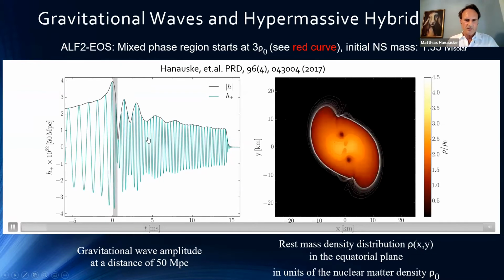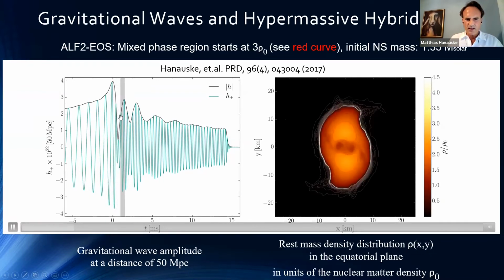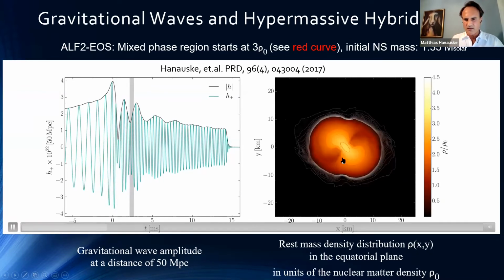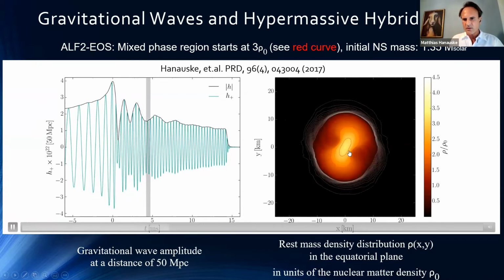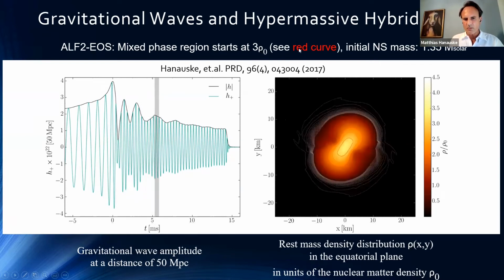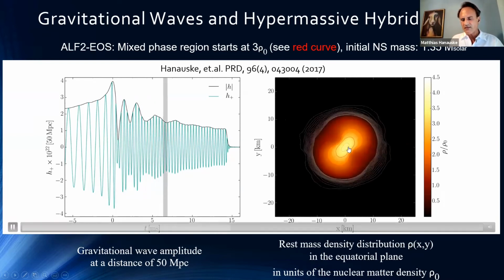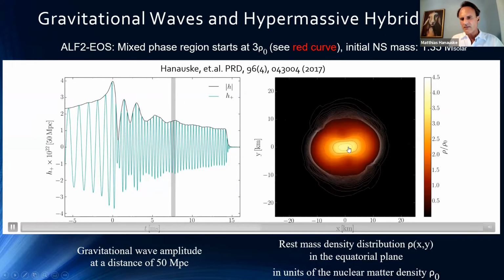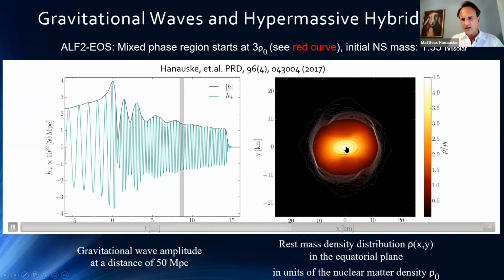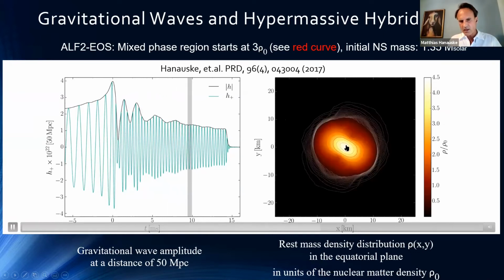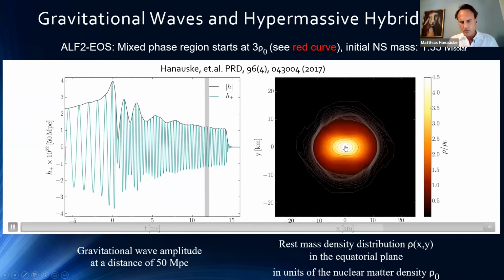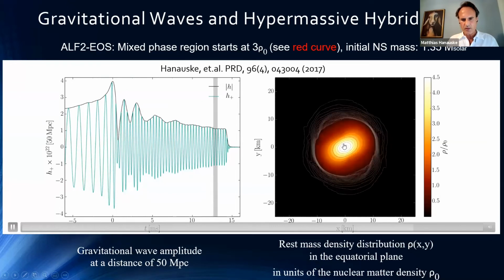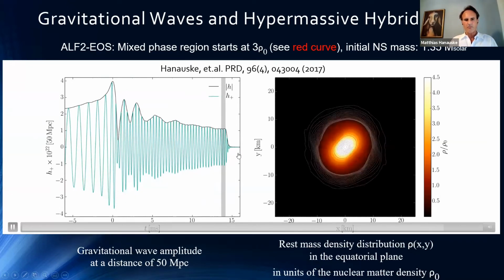I will play the movie, and you see the post-merger phase, the double core structure first, and the red contour line marks 3 times normal nuclear matter. You see that the density in the interior gets denser and denser, above 3-4 times normal nuclear matter, where mixed phase and pure quark matter might be possible, and then it collapses to a black hole.